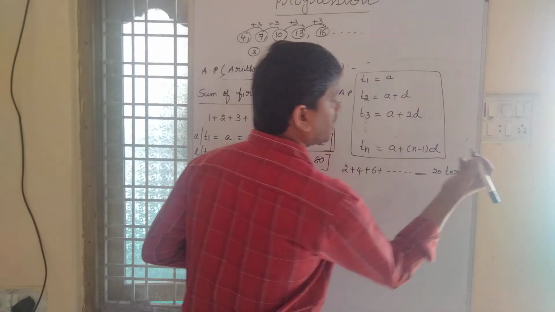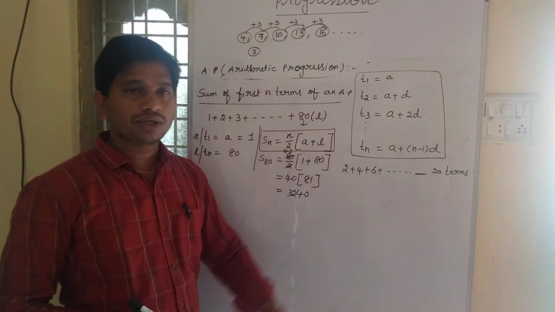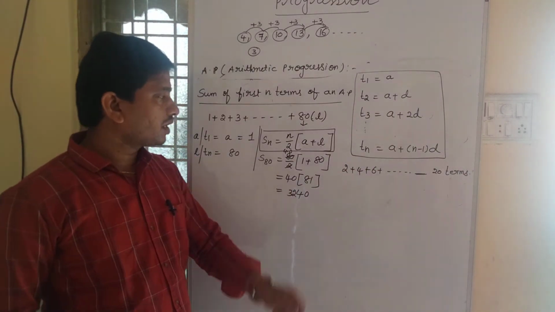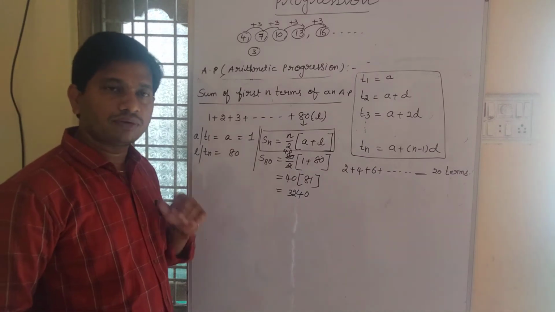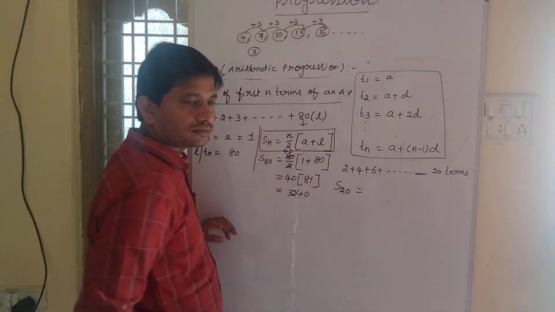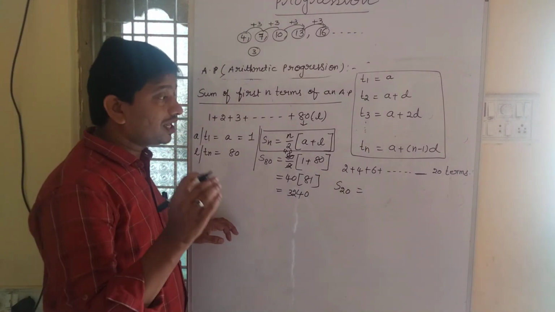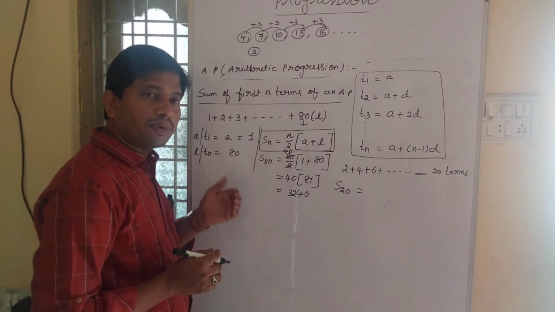Total number of terms, how many? 20 terms. Here we don't know the last term, but we know the number of terms. So we have to find the sum of 20 terms. But if we don't know the last term, how to find the sum of 20 terms or the sum of n terms?